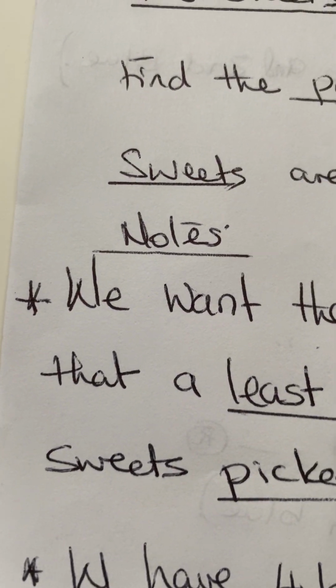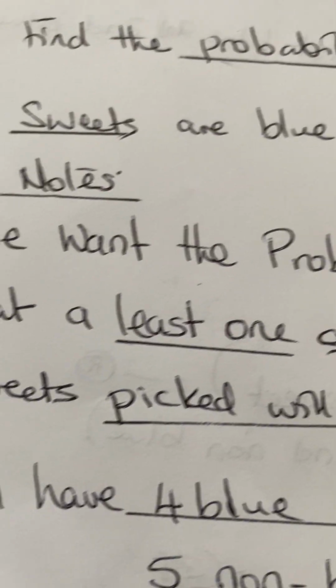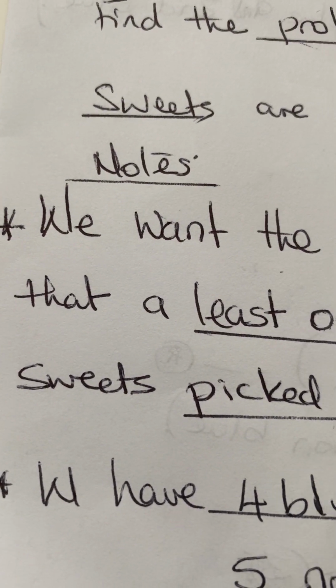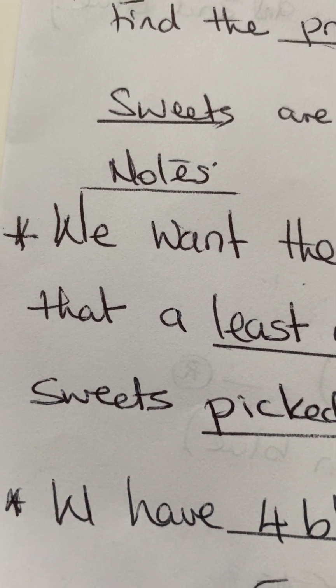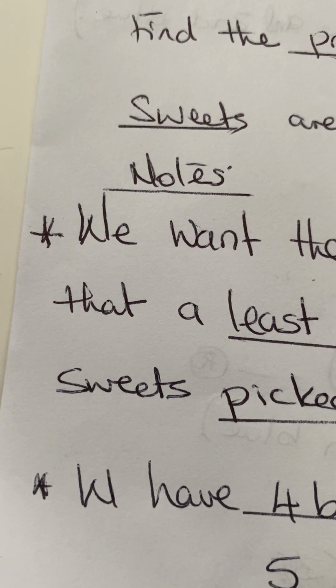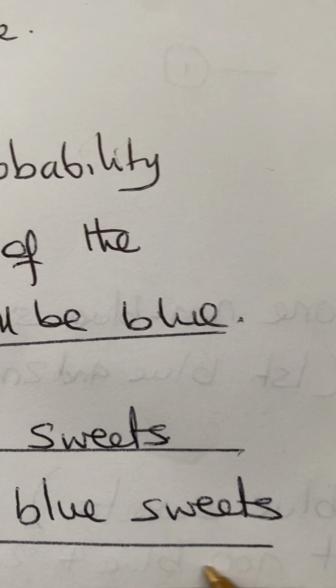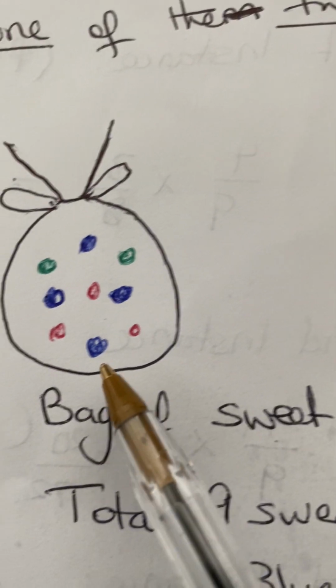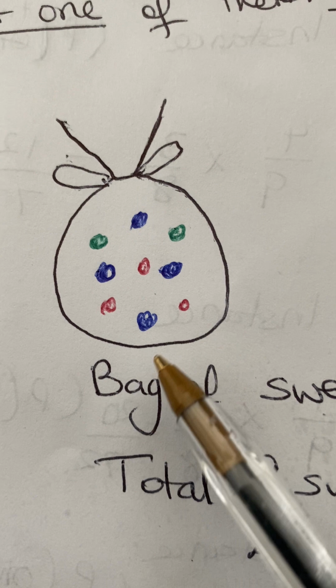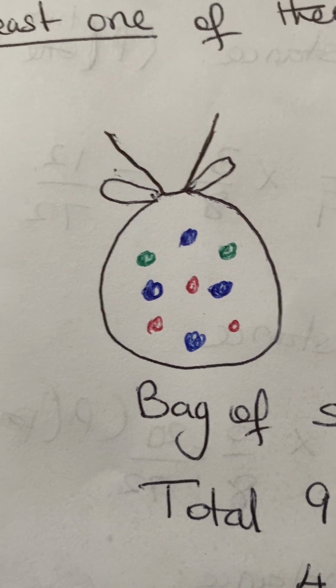Now, we want the probability that at least one of the sweets picked is blue. Okay, so we have 4 blue sweets and 5 non-blue sweets, as you can see here. They are similar, so you can't cheat.